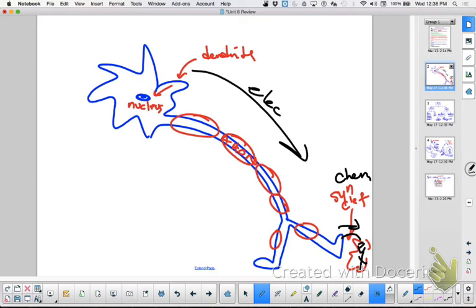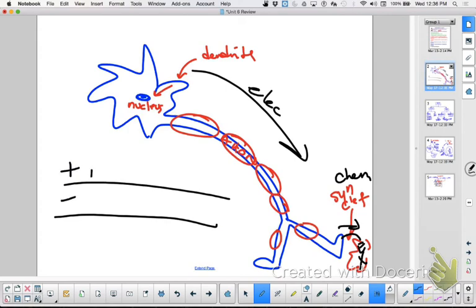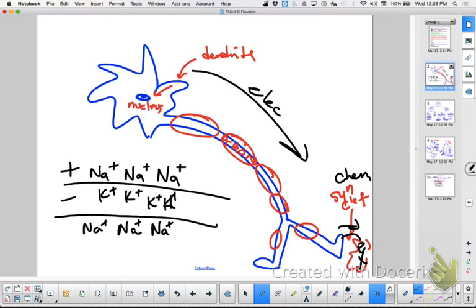And if we grab this neuron right here, the outside of the neuron is charged positively and the inside is negative. That's because we have a bunch of sodium ions on the outside that are all positive. We also have potassium ions inside that are positive, but there's more positives outside than inside. And also we have some negatively charged ions in here.